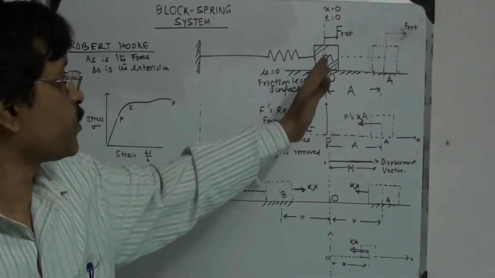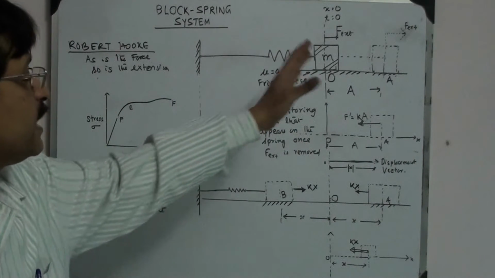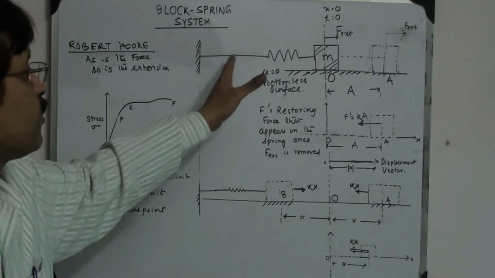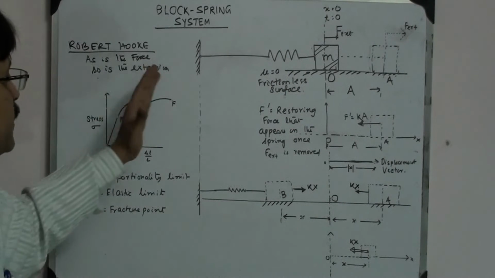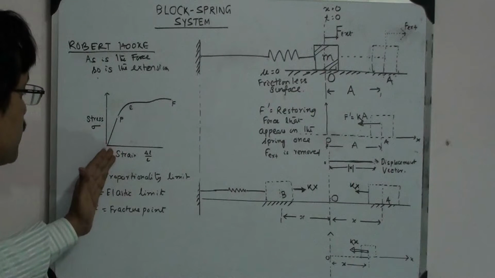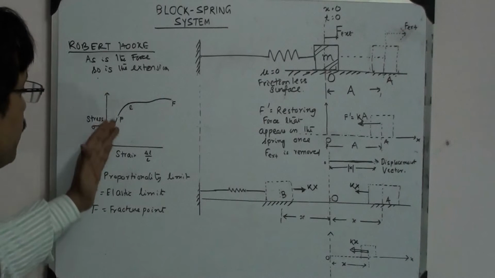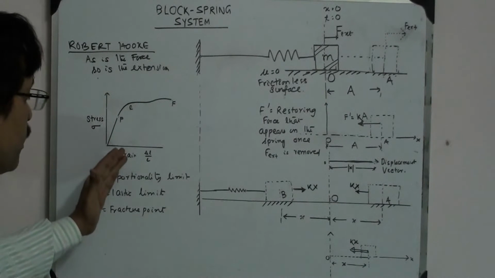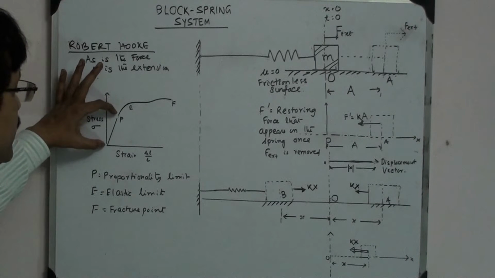Actually, the force is proportional to the displacement of the spring only when the displacement is small compared to the overall length of the spring. This is a direct fallout of Hooke's law, which tells that stress is proportional to the strain in an elastic body when the deformation in the body is small and within what is known as the proportionality limit for that body.